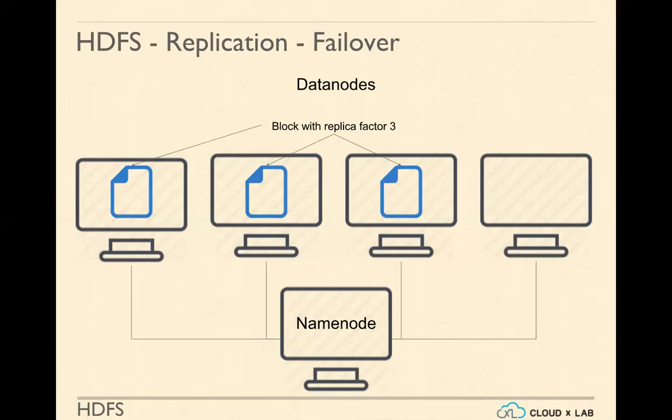In some distributed systems, they keep pinging each other and noting the time it takes for a data packet to reach between the machines, and that's how they keep track of how far the nodes are. In the case of HDFS, you have to explicitly configure that these are my racks and these are the nodes located on each rack.